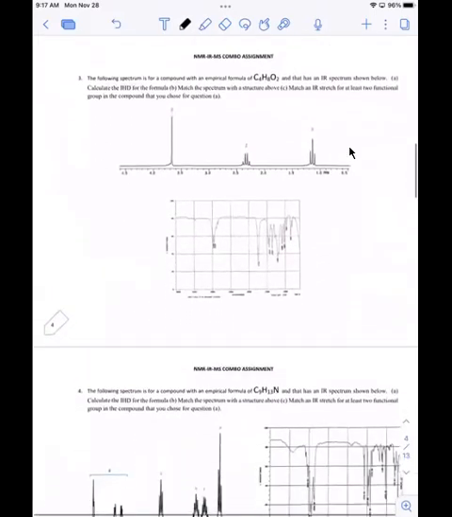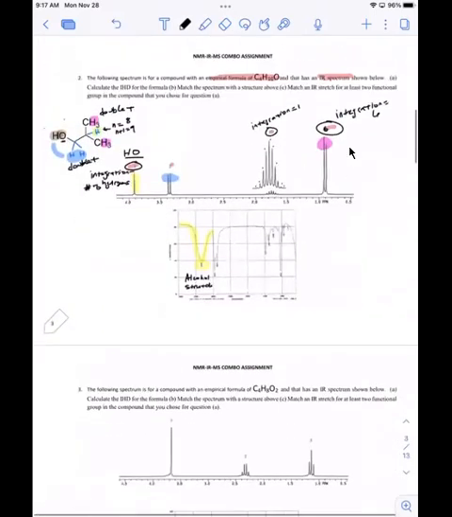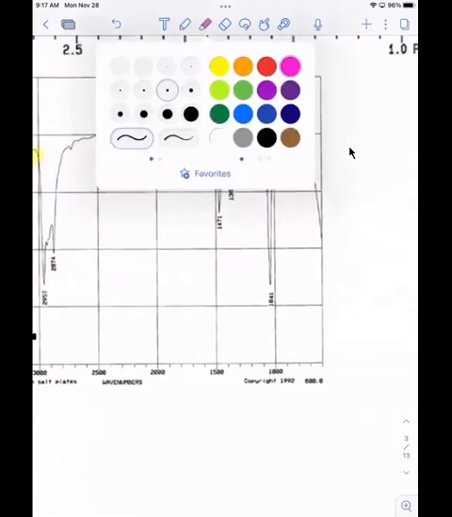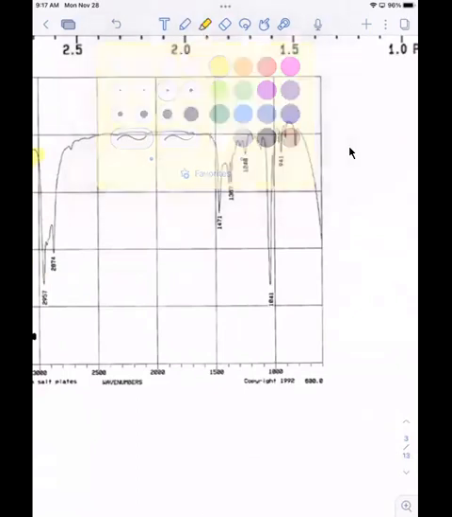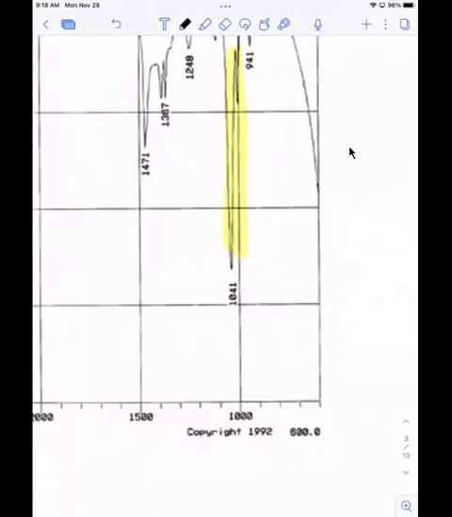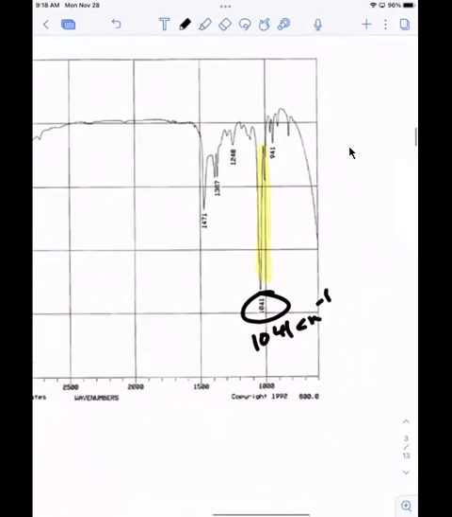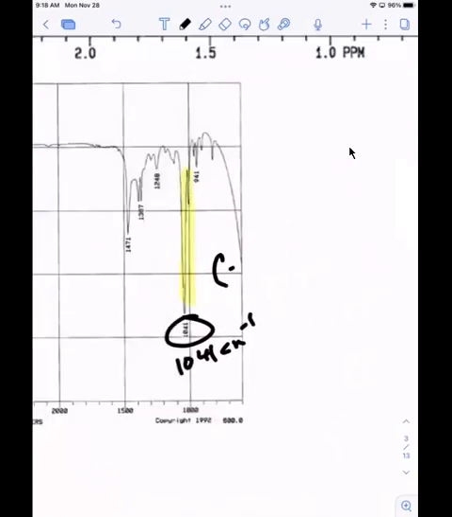So this one only has 3 signals. And let me show you another part of the infrared too. There's another peak here that's going to be really prominent, and it's this one. You can see the stretch is at 1041 reciprocal centimeters, and that is the CO single bond stretch.